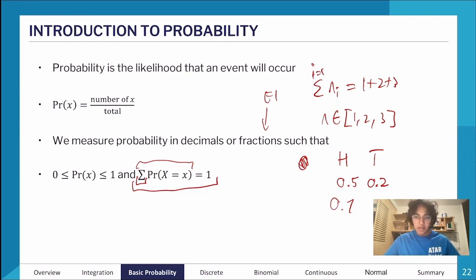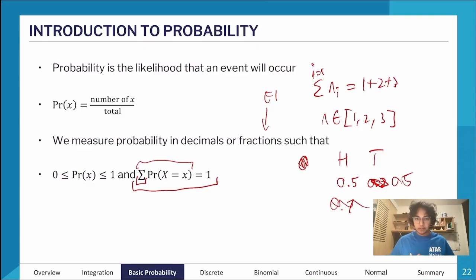If I flip a coin, I'm only going to get heads or tails. It's so unlikely that it lands on the ridged part of the coin, so for simplicity, it's always going to be heads or tails. So it doesn't make sense that heads or tails only occurs 70% of the time, which is why this needs to also be 0.5.